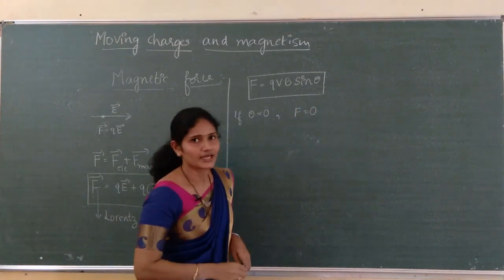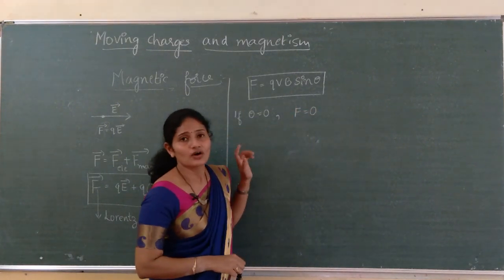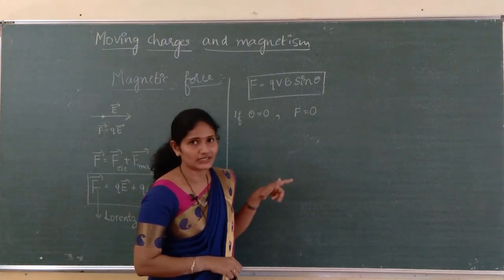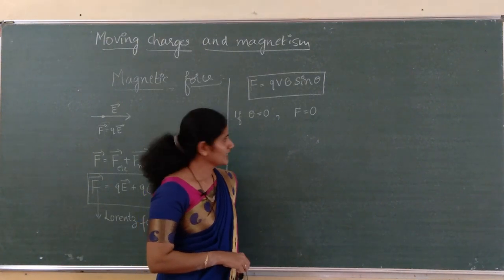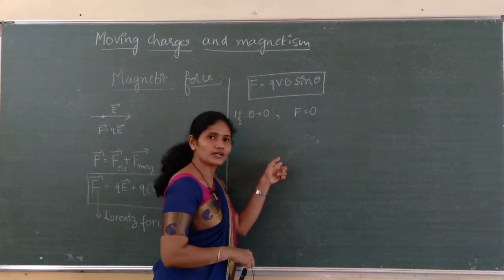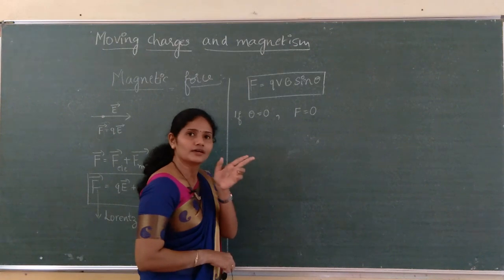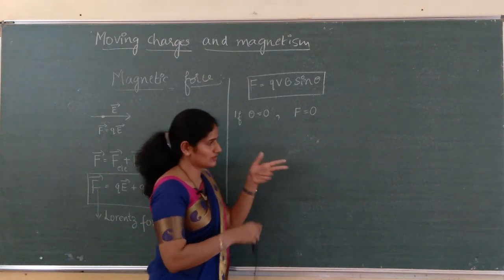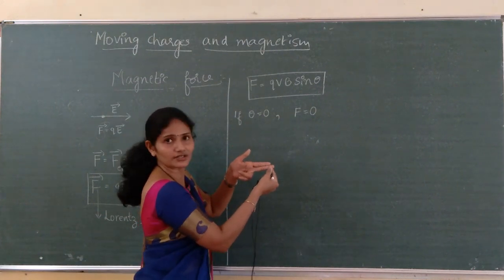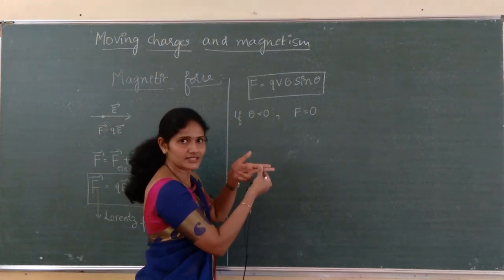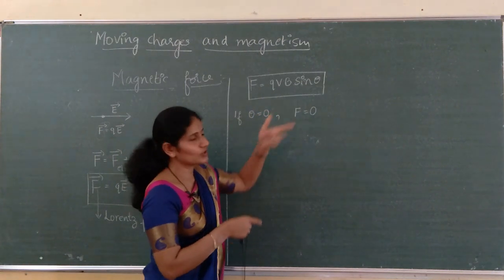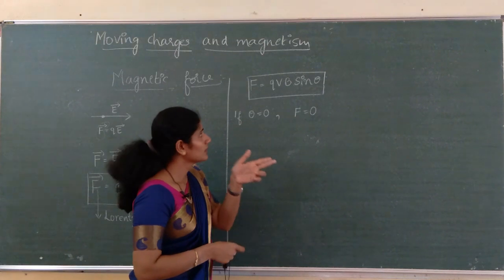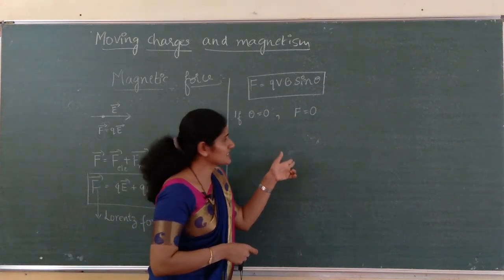That means, if the direction of velocity of the particle and direction of the magnetic field are parallel to each other, if this is the direction of magnetic field and velocity of the particle is also in the same direction, then theta is equal to 0, the angle between the two becomes 0, because both are moving in the same direction.